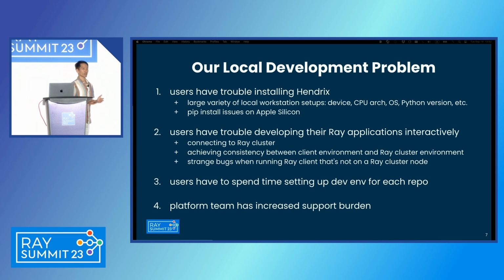So juggling all of those different Python virtual environments, that context switching, can be tedious and error prone. And then at the very end of the day, it often boils down to lots of Slack requests for help: this doesn't work, why, help me. We wanted to reduce and solve all of these problems.